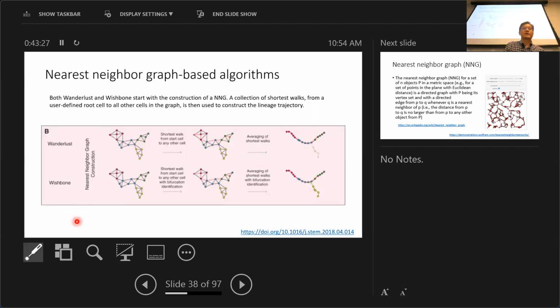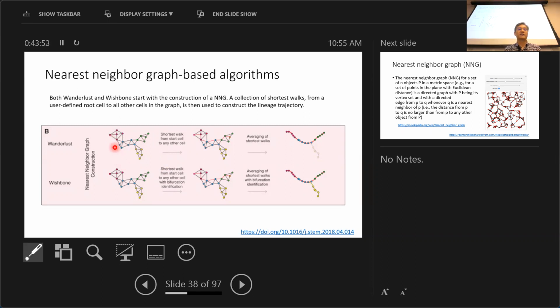Another group of these algorithms is based on the nearest neighbor graph. So you make a link between cells if they are neighbors. For each point, you find the 3 nearest neighbors and make a link. Then you move to another cell, find the 3 nearest neighbors, and make a link.